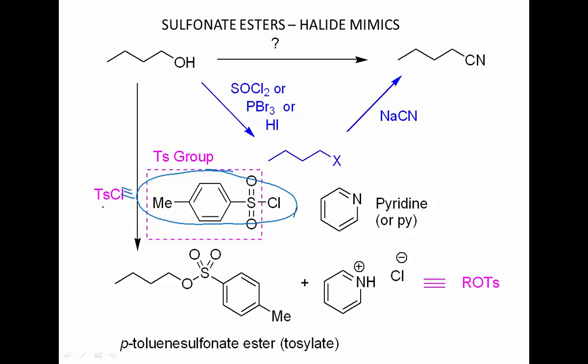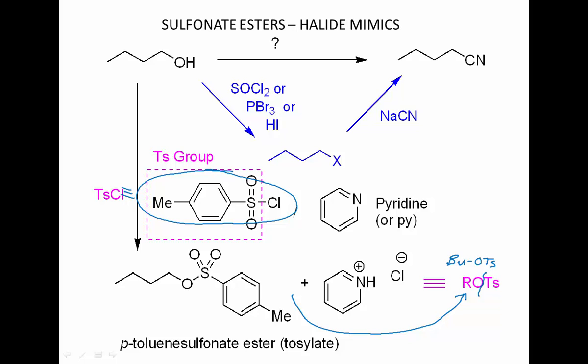Okay, this is producing a paratoluene sulfonate ester, which again is going to have an abbreviation. Okay, in this case it's butyl OTS, where we have the tosylate group bound to oxygen.